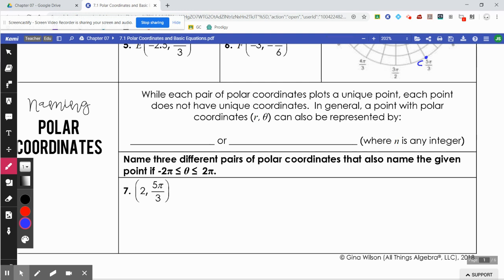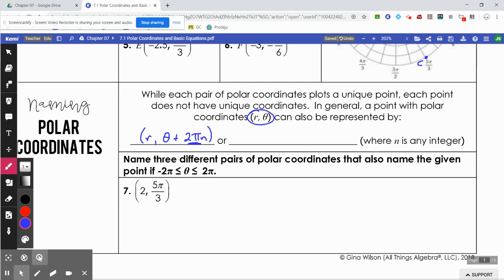In general, a point with polar coordinates r, theta can also be represented by r, comma, theta plus 2 pi n, or 2n pi. You can write that either way, which would be an angle plus an extra rotation, or if it's negative, subtract a rotation. So you can add rotations on and you're going to end up in the same place.